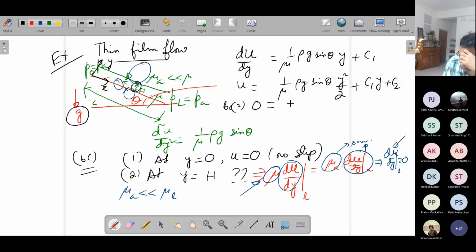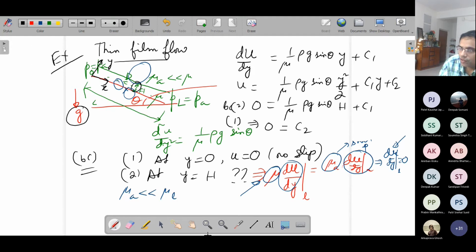So 0 is equal to 1 by mu rho g sine theta into h plus c1. So you can get a value of c1 from here. And the boundary condition number 1 will give u equal to 0 at y equal to 0. So you get a value of c2 equal to 0 and c1 is minus of this.